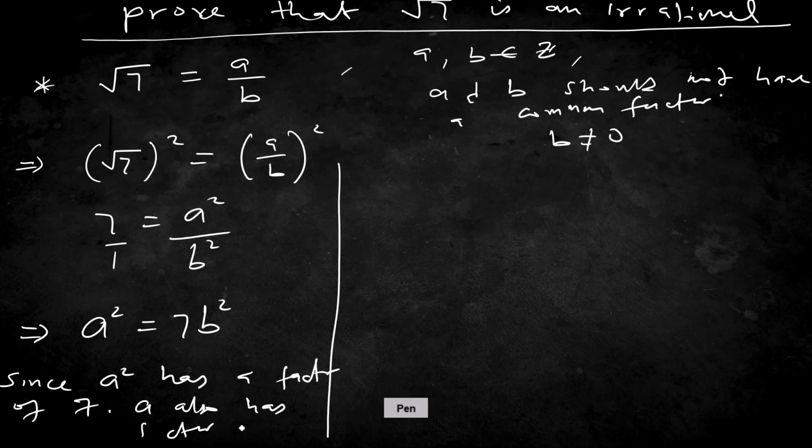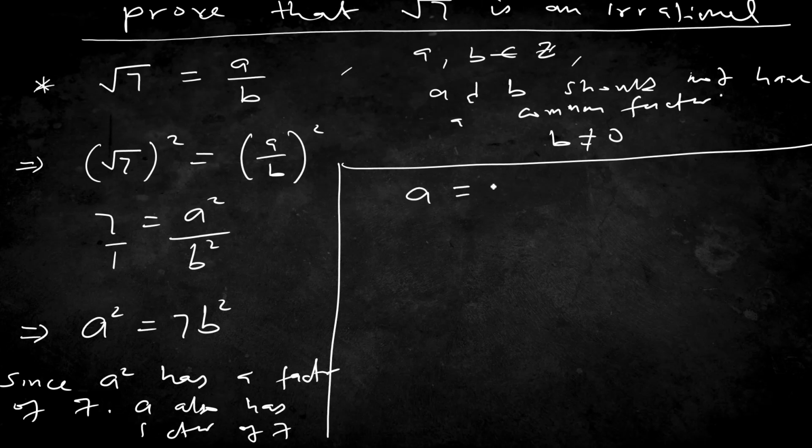If a squared has a factor of 7, a also has a factor of 7. So with this, you write a as 7k, where k is an integer.